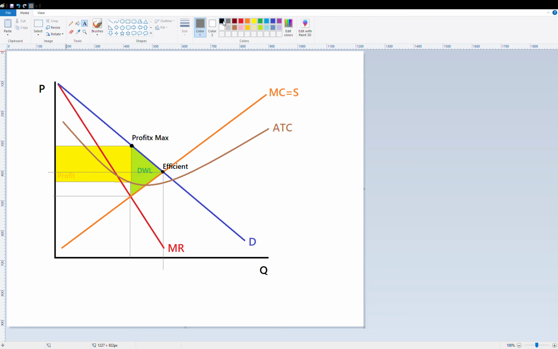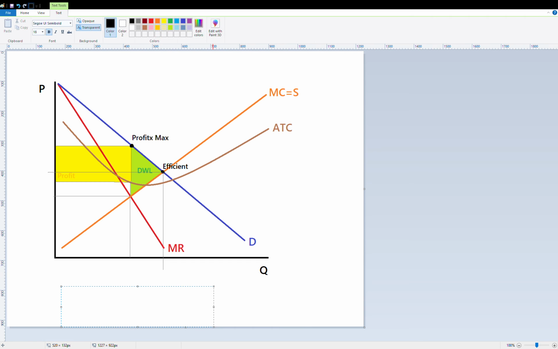Key points to remember here: the MR breaks down, and I already showed you right here, this is the profit maximization point.